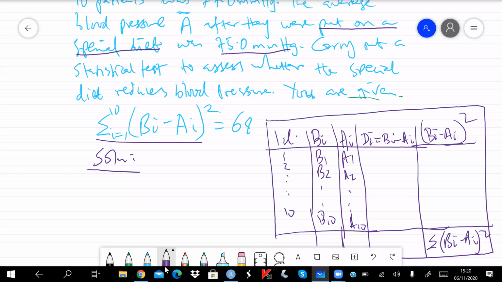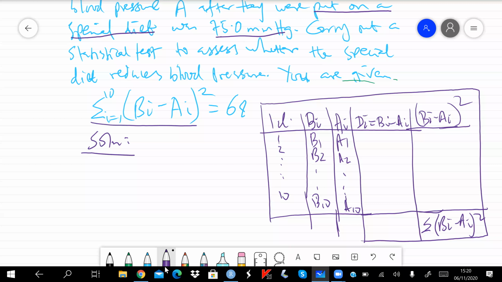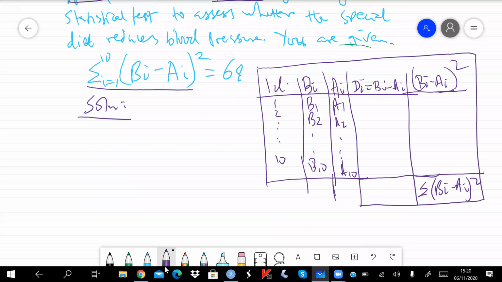At some point we'll need the mean of the differences, and because the difference is given by BI minus AI, we can introduce summations on both sides and divide by n everywhere.